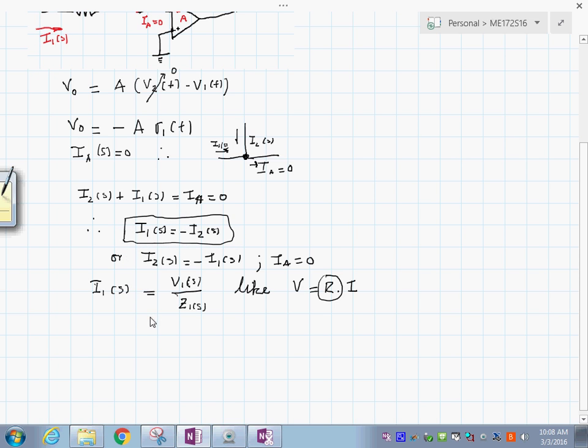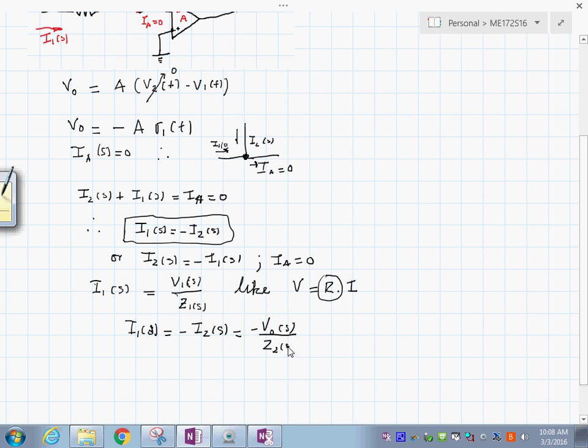Z2 is this one right here. Yeah, this is Z2. So this I2 is V out divided by Z2, right? And that's what I just wrote in here.